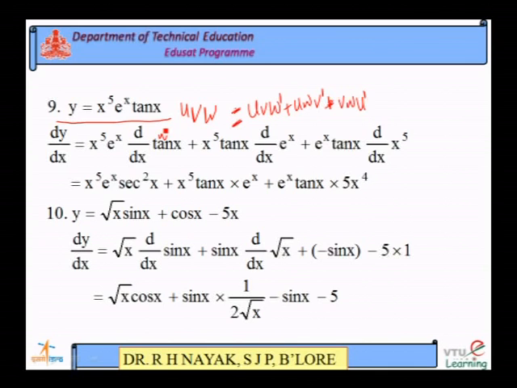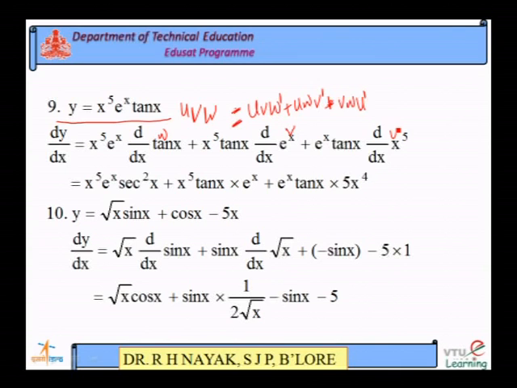Here we are differentiating v, and finally differentiate u. What is u? u is x to the power of 5. Then x to the power of 5 e power x is taken as it is, differentiation of tan x.